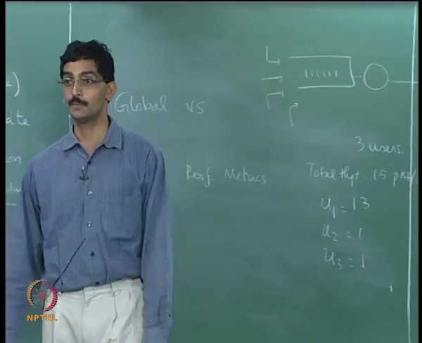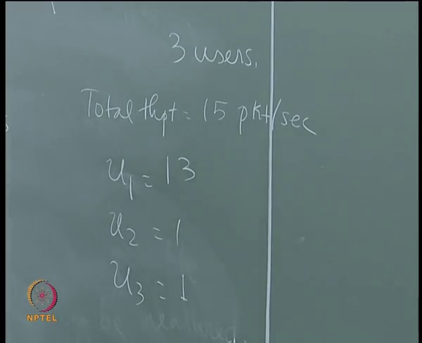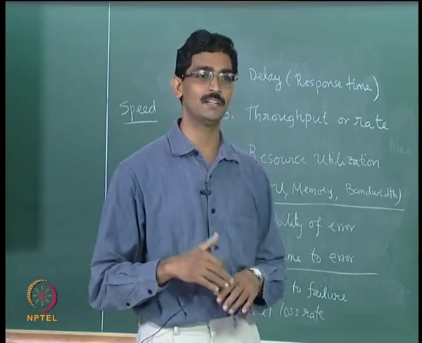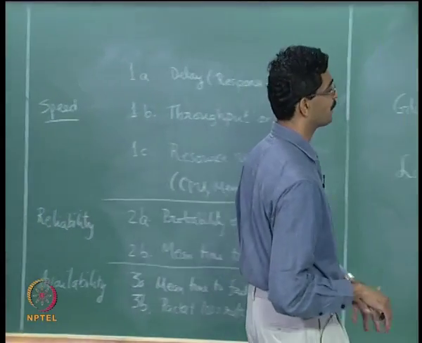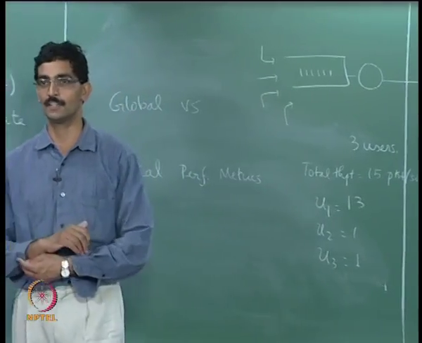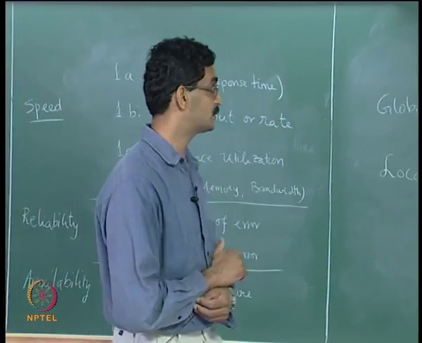That is not fair. But the system is very happy because it is able to service 15 packets per second. System capacity is 18 packets per second. The system has been wonderfully serving everybody, right? Or at least in terms of number of packets per second, the system has been able to reach a very high number. But if you look at fairness, then it is not fair. So there is disparity in the amount of service being given to the different customers.